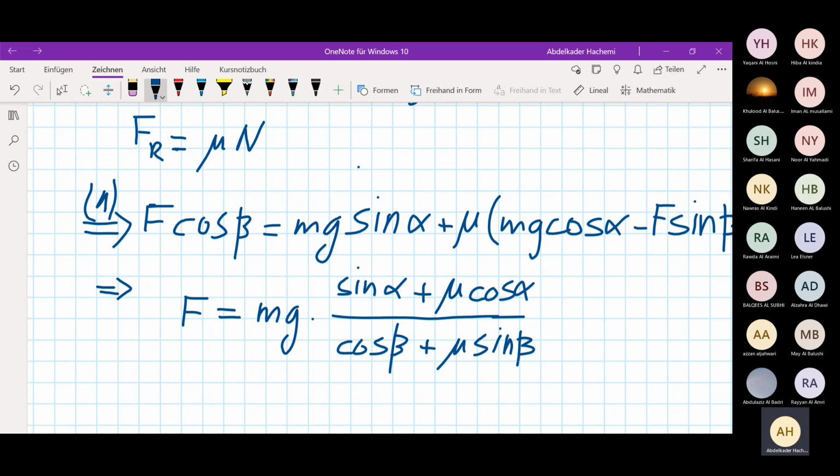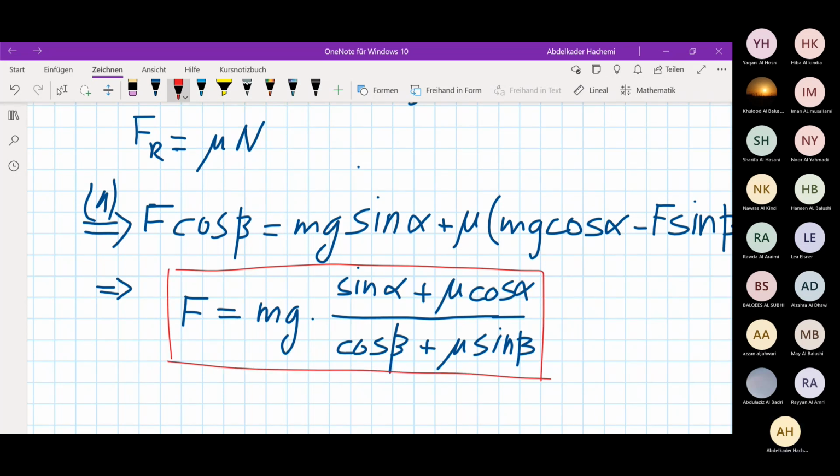This is now the expression of F. As you can see, always when we are asked to determine any variable or parameter or value, we have to define it, to determine it, as a function of the given data.